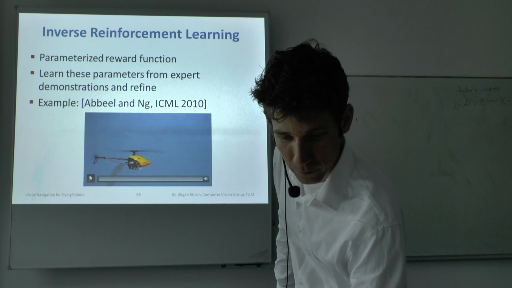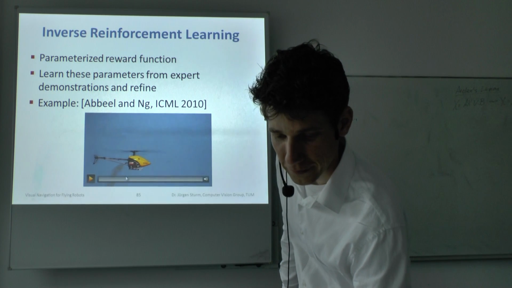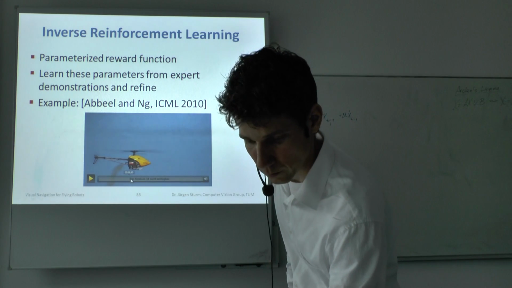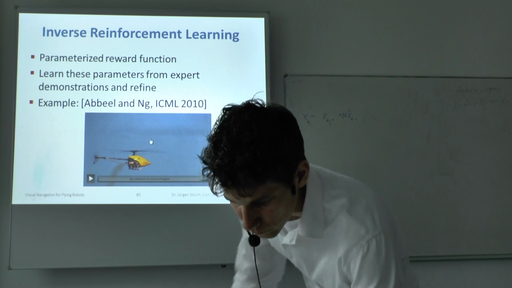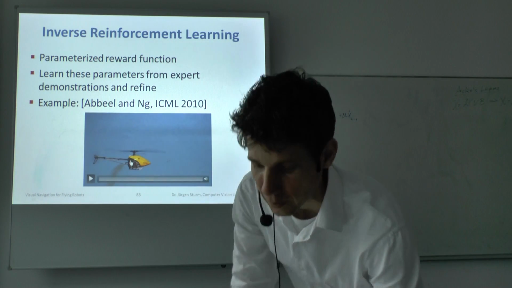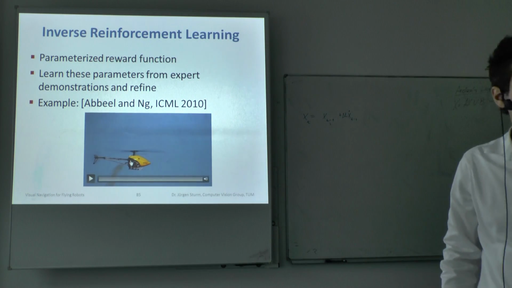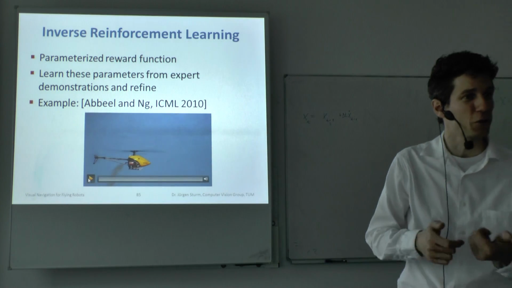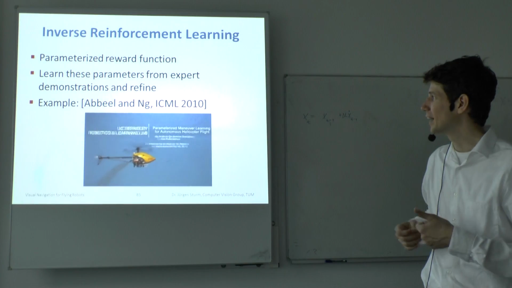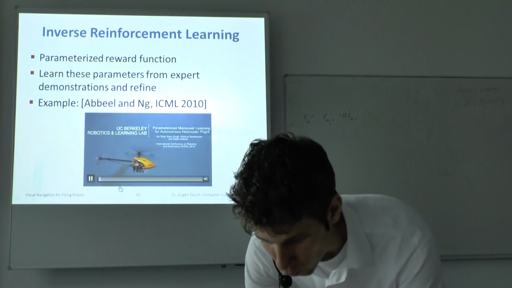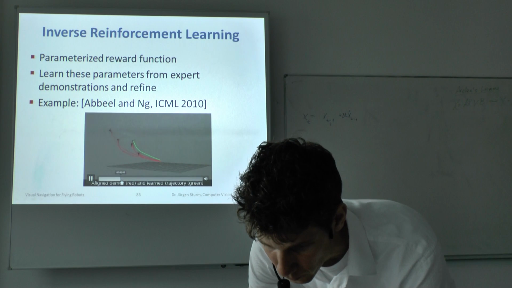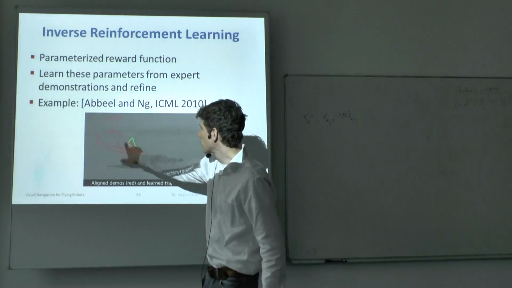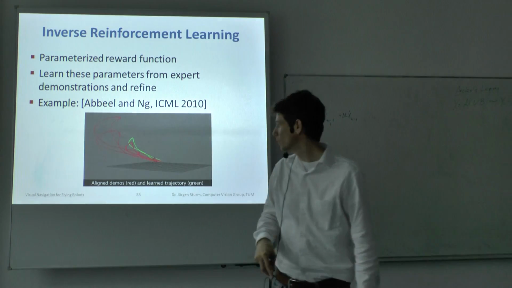Trajectories? Helicopters, yes, trajectories. I think this is a visualization of the demonstrations. Every time a human pilot flies it, he will fly it somewhat differently. And I think this visualization just showed all of the training examples. Yeah, the red are the demos, and the green one is the learned trajectory.